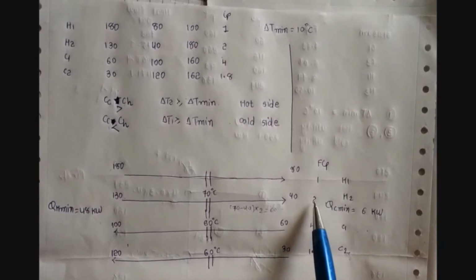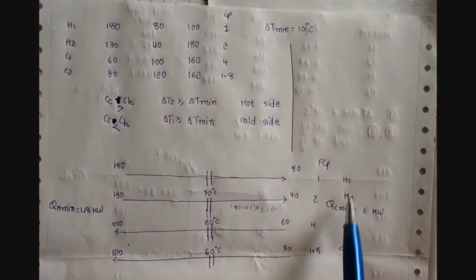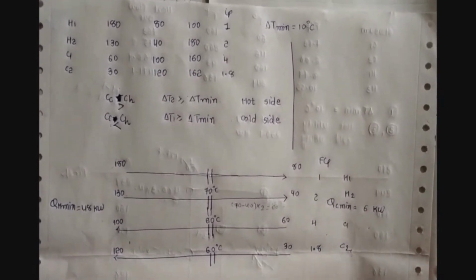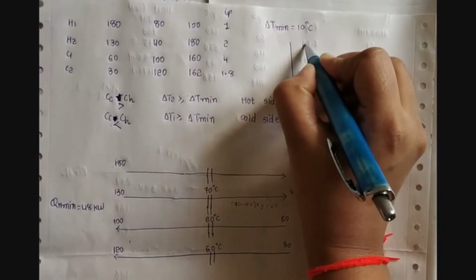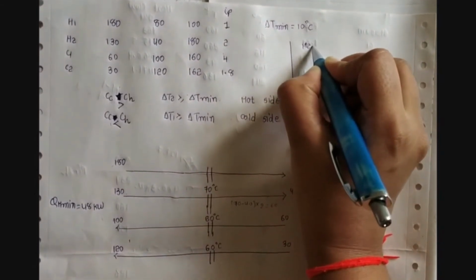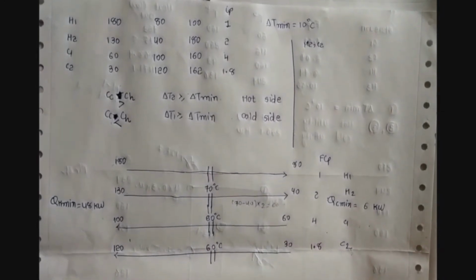So here we see 4 and 1.8; 1.8 is less than 2. This condition is met in H2 and C2. So we will first consider H2 and C2 and transfer the heat between H2 and C2.